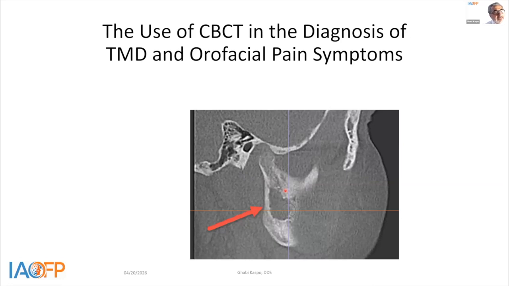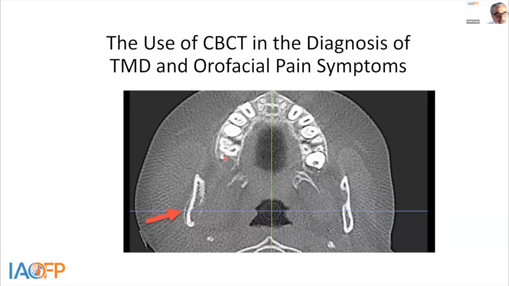Now, this is the CBCT. It showed some eroded ramus, some defect in the ramus area. Knowing the child is young, she said she took a fall a week ago. I'm going to show you some of the views, the axial views, for the radiologists here with us, or the non-radiologists.